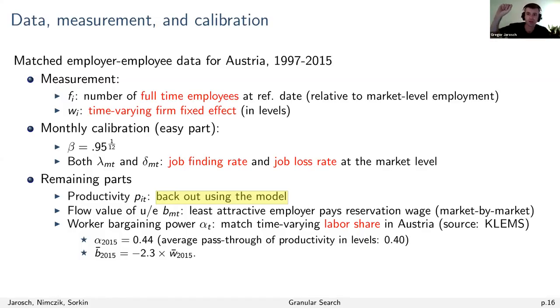And then we're setting the flow value of unemployment to a level such that the least attractive employer in a labor market exactly breaks even, paying the reservation wage. And that seems like a plausible way of going about it. I'm open to other ways, but that's how we do it. It gives you a bargaining power that's square in the middle.